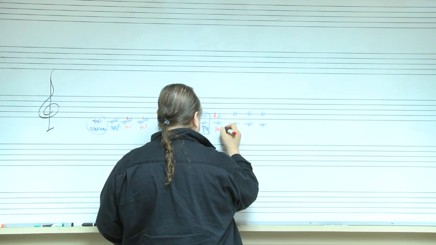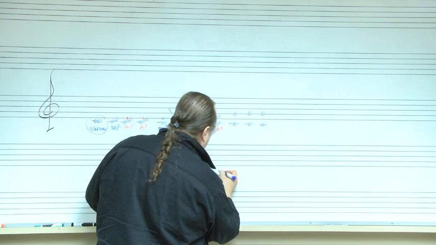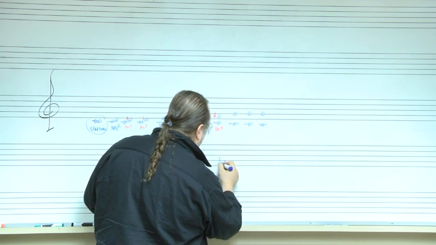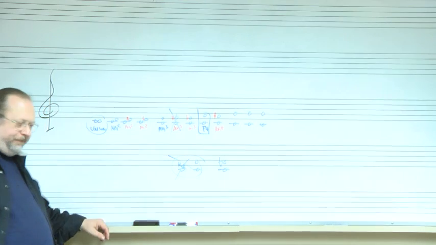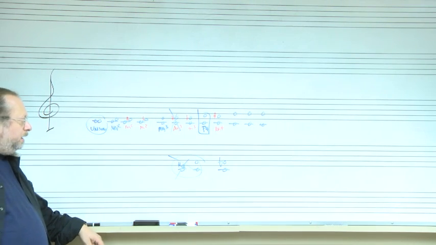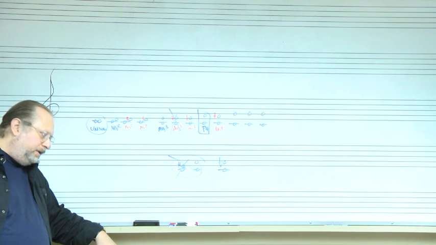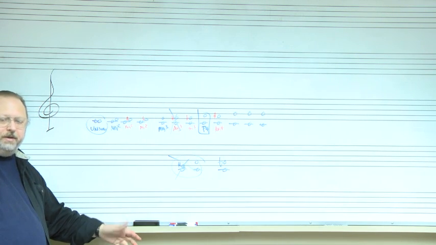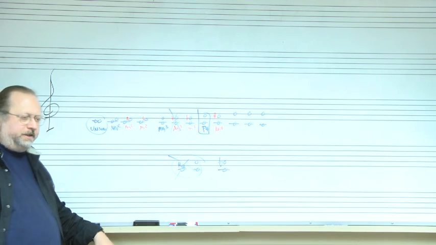Mm-hmm. And here's the other problem, if you take that C with the fourth and you have an F flat, well, F flat's gonna be E, right? It's gonna be a major third. We don't really wanna call it a diminished fourth. A major third is more commonly used all over the world than a diminished fourth.